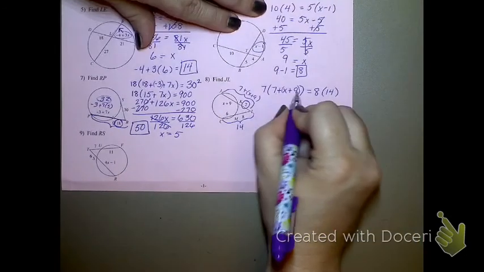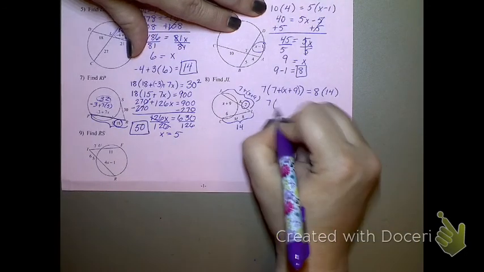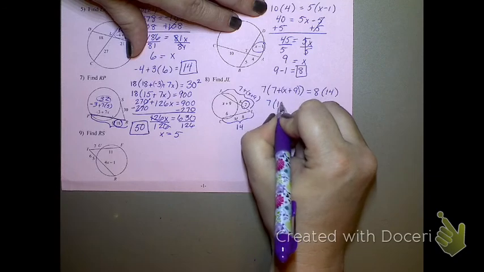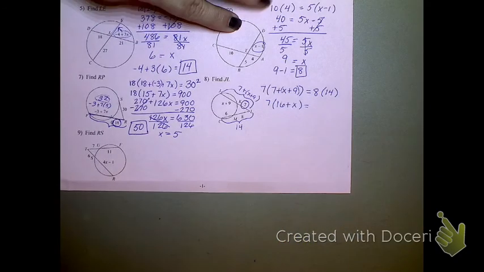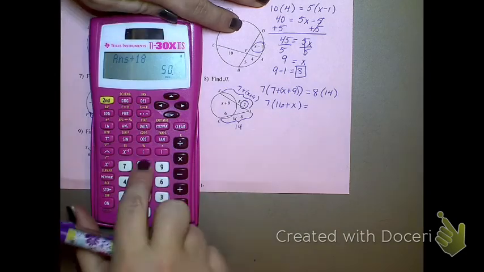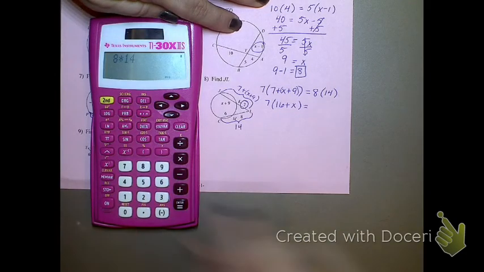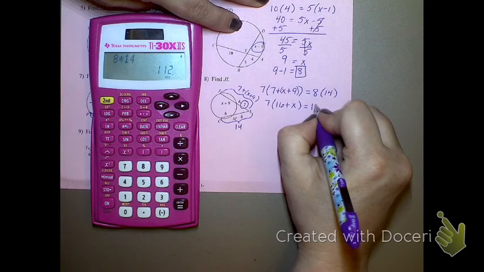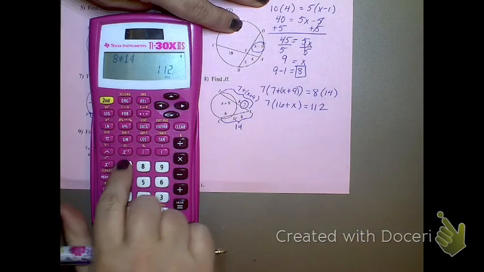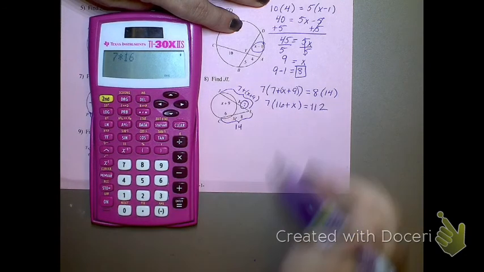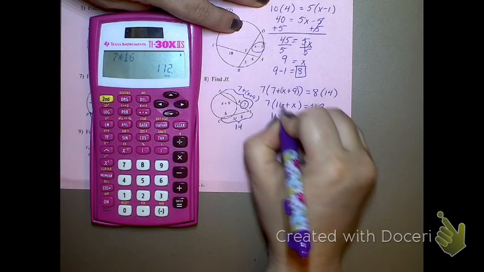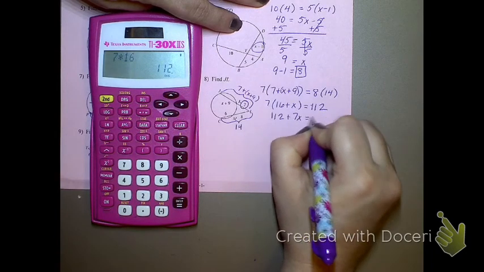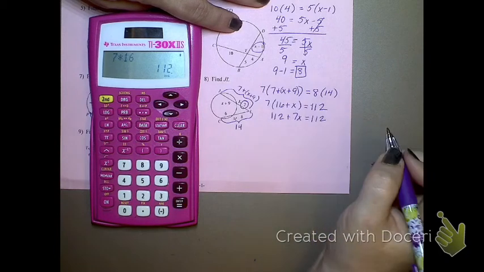So I think I can do some simplifying in here first. 7 plus 9 is 16. And over here, 8 times 14 is 112. So let's see, 7 times 16 is 112 plus 7x equals 112. So this one's kind of interesting.